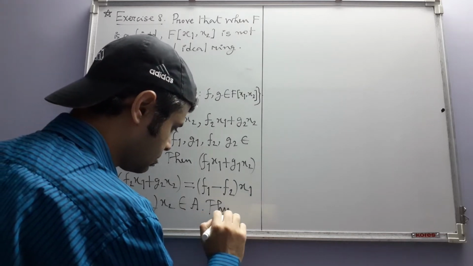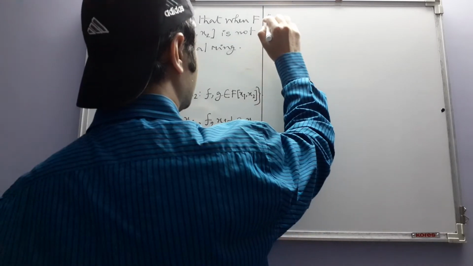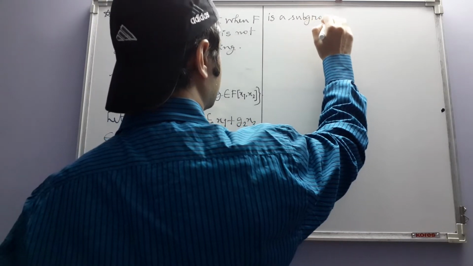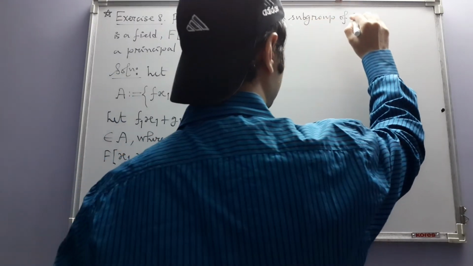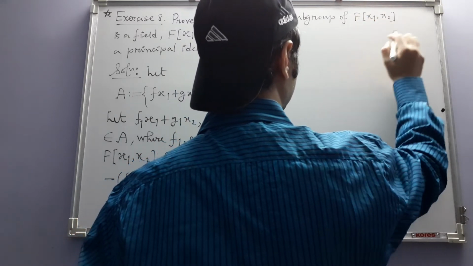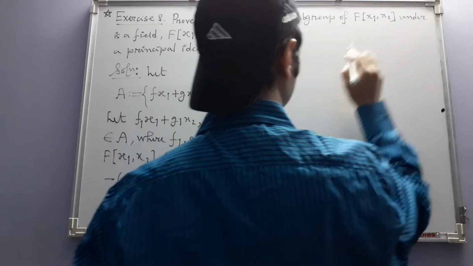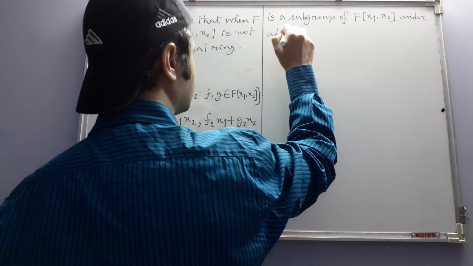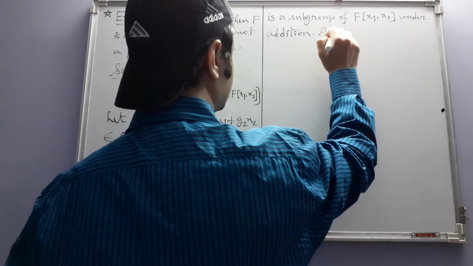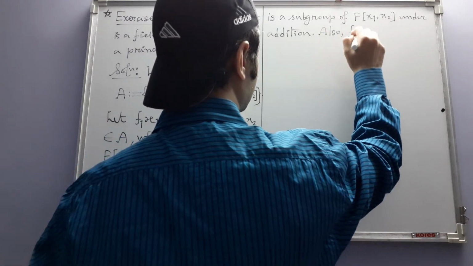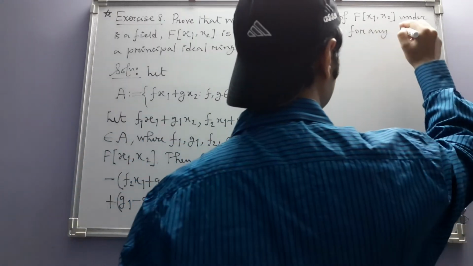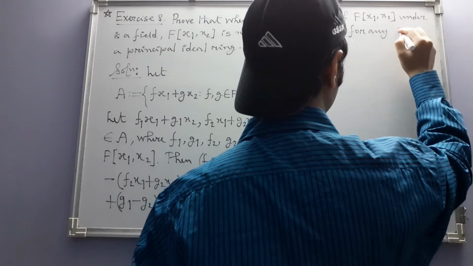Thus A is a subgroup of F[x1, x2] under addition. Also, for any, say, what can we take? Let us take a.